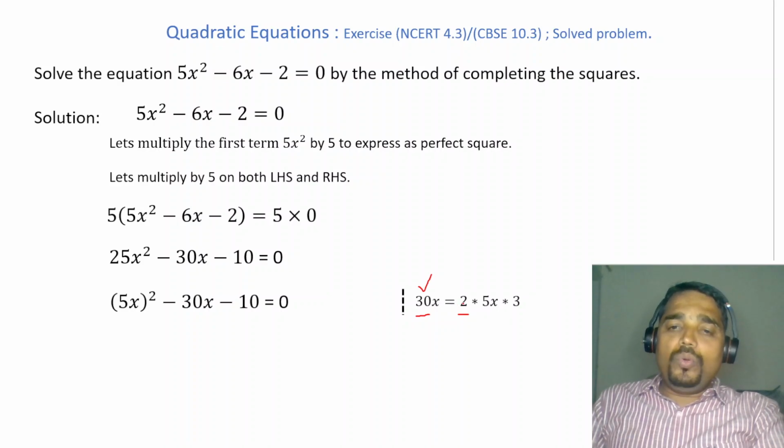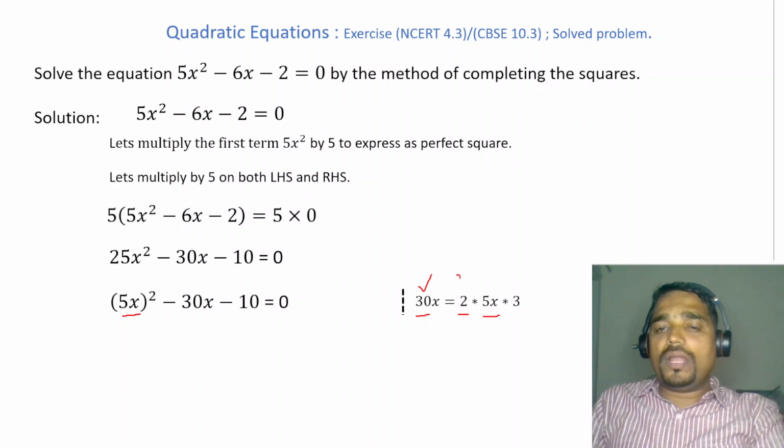Therefore, 2 multiplied by the remaining terms. I would rearrange it so that it looks like a 2ab term, and a in this case is 5x. Therefore, 2 into 5x multiplied by whatever is left.